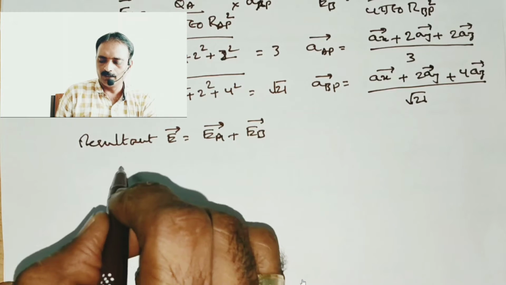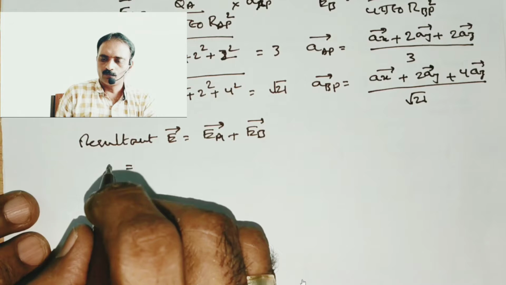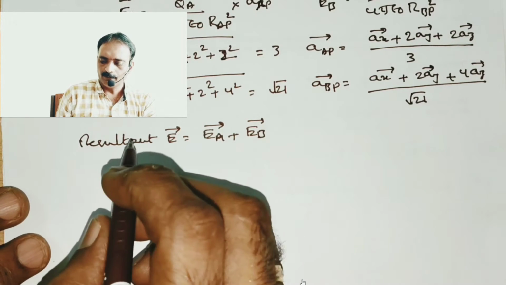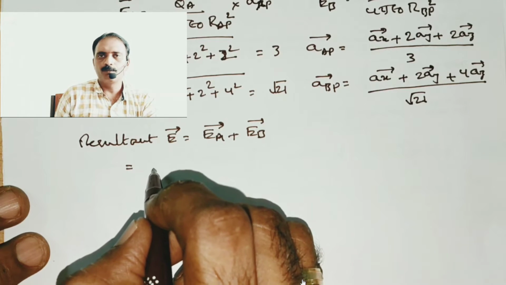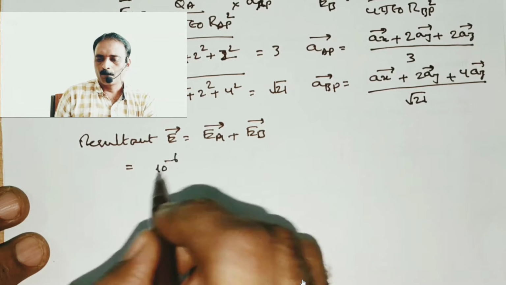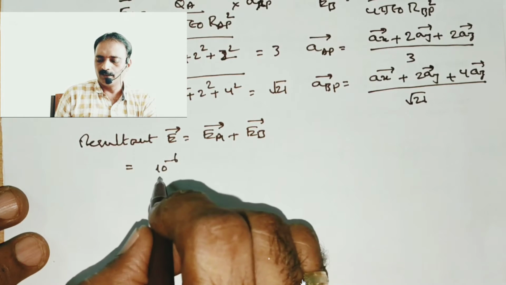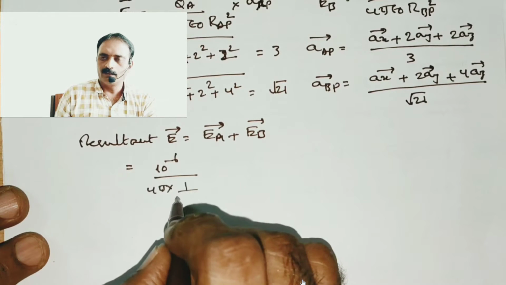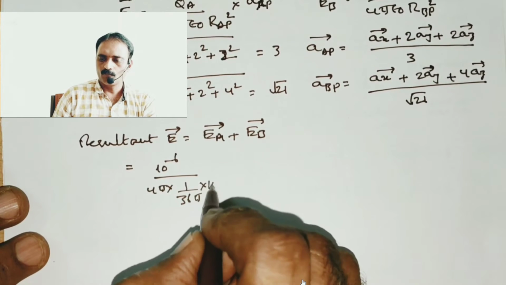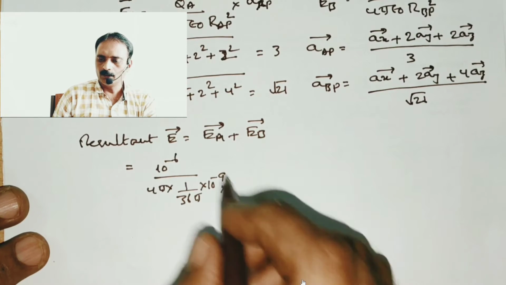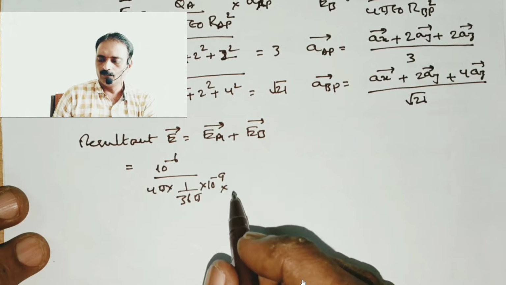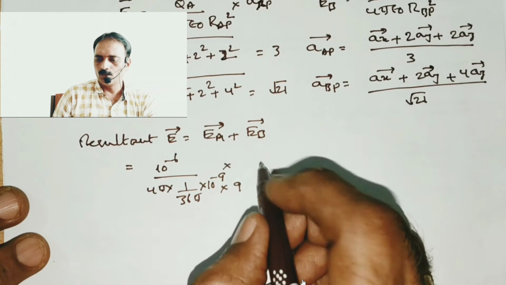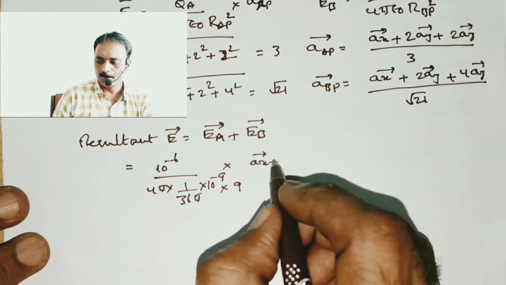For the first charge, it is 1 microcoulomb, so 10 power minus 6 divided by 4 pi epsilon naught. 4 pi into epsilon naught, where epsilon naught is 1 by 36 pi into 10 to the power of minus 9, into R square. R square means 3 square, which is equal to 9. And the unit vector we have already calculated, AX bar plus 2AY bar plus 2AZ bar divided by 3.